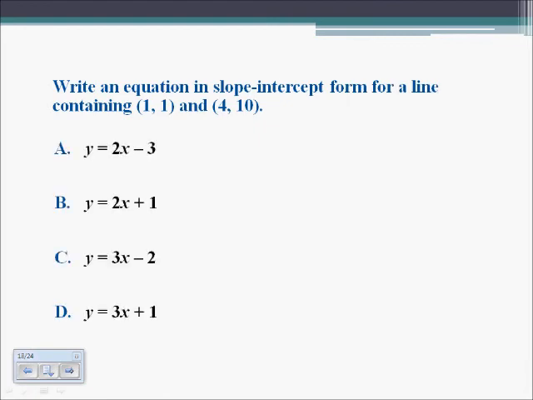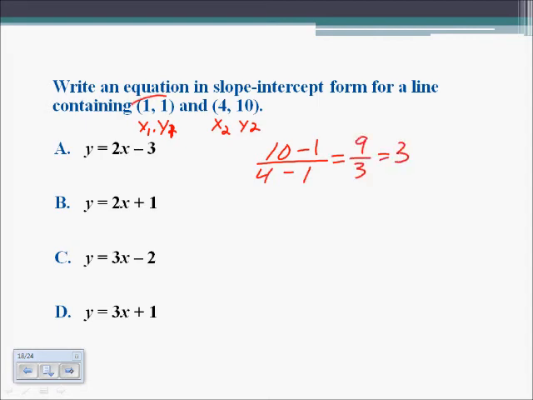This repetitive notion here should be getting us practiced at going through it like that. Let's do x1, oops, y1, not y2, x2, y2. We'll do 10 minus 1 over 4 minus 1, so we'll have 9 over 3, which is 3.